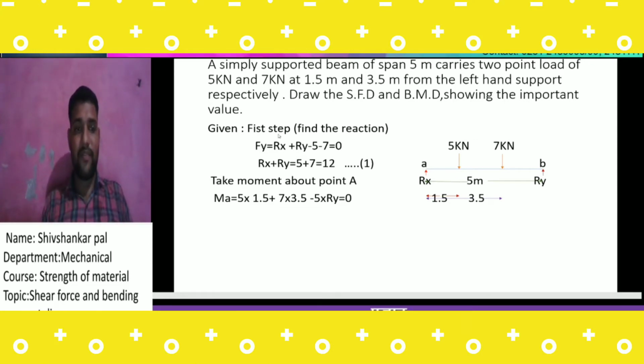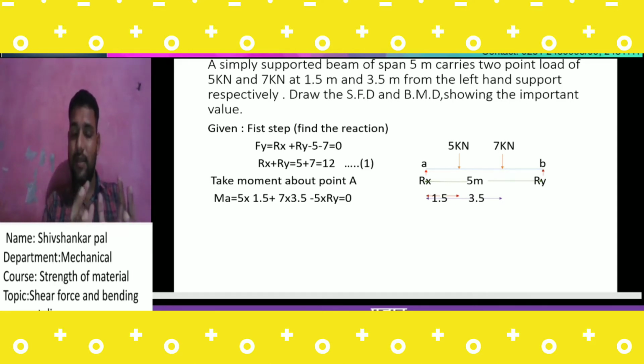Our first step is to find the reactions. I apply the two supports at point A and point B. So I consider Rx and Ry as our two support reactions, and find these values using the equilibrium conditions of our system, which is a simply supported beam with point loads. I suppose that the system is in equilibrium.